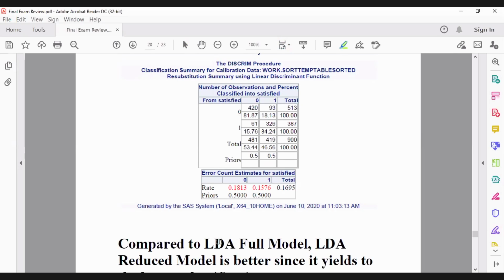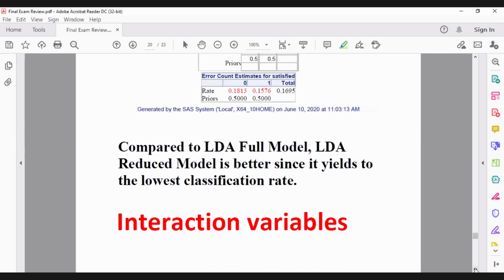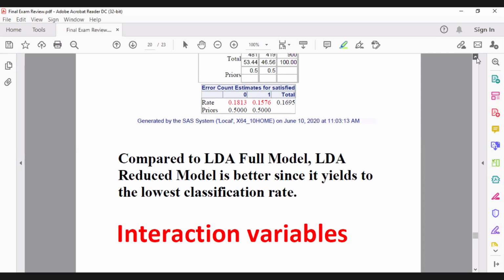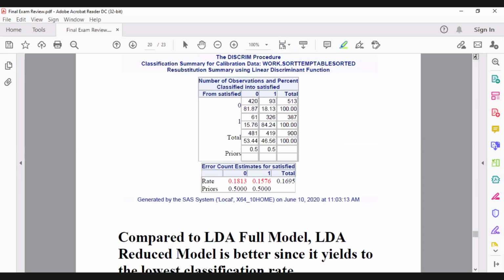Now we need to compare linear discriminant analysis of the full model against the one from the reduced model. Accordingly, the one from the reduced model is better since it has the lowest misclassification rate. Where is this misclassification rate? Is this one? This is the global misclassification rate.